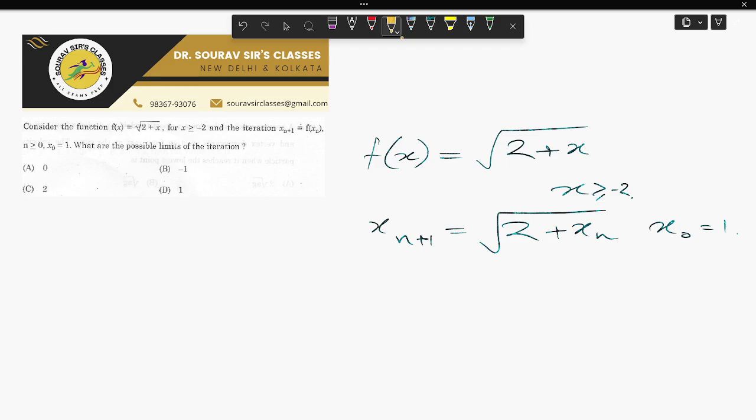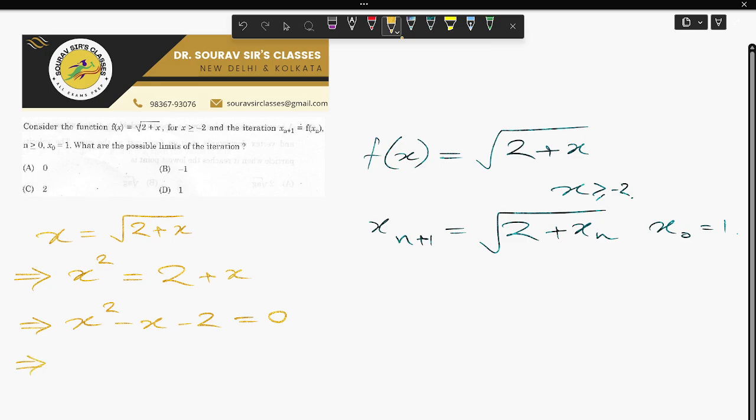So we will get x equals root over of 2 plus x. So that will be x squared equals 2 plus x. Rather, we can write x squared minus x minus 2 equals 0. Then we are going to use middle term factorization to solve this quadratic equation.